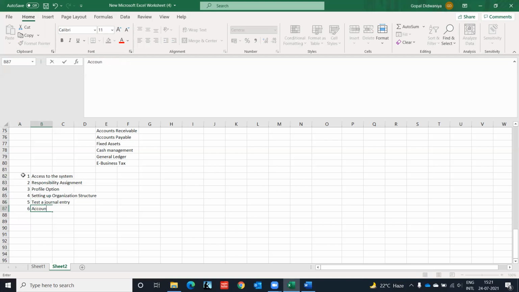accounts payable. And we'll go accounts receivable.